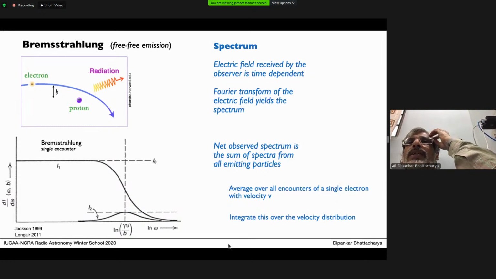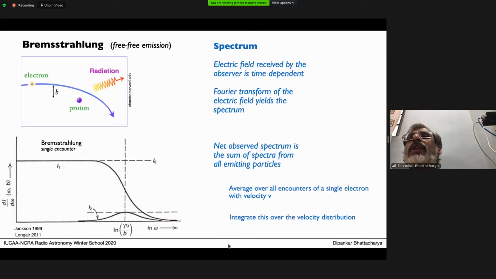If you look at the electric field that the observer receives as a function of time, and then take a look at the Fourier transform of it, then what you see is the lower left-hand diagram over here. That gives you the spectrum of this radiation that has been generated.